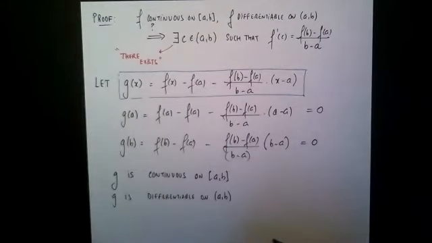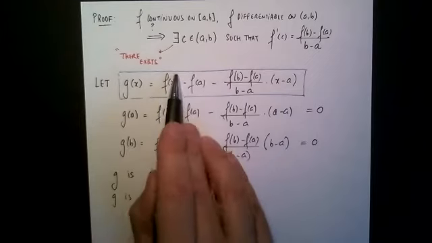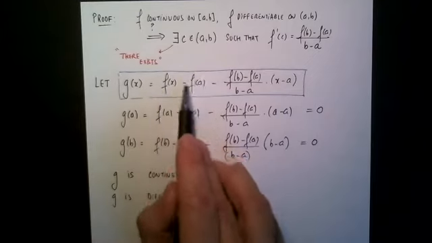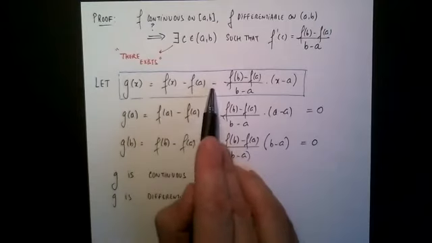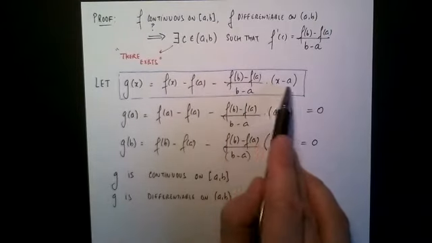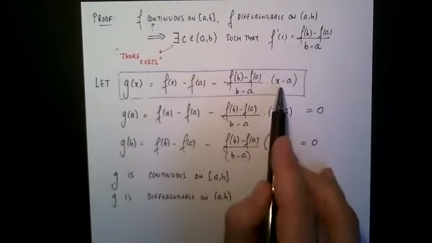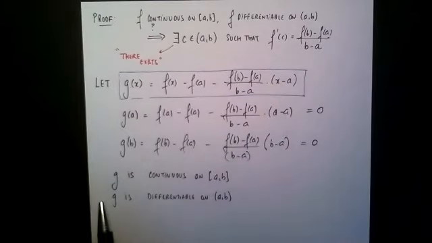How did you know that it was continuous? It's continuous because it's a continuous function minus a number, so it's continuous, minus a number times x minus a, which is continuous, so everything is continuous here.